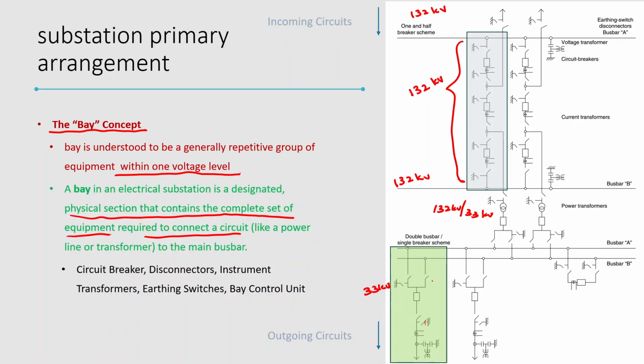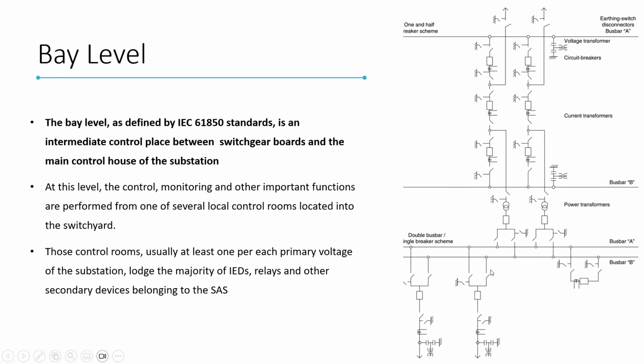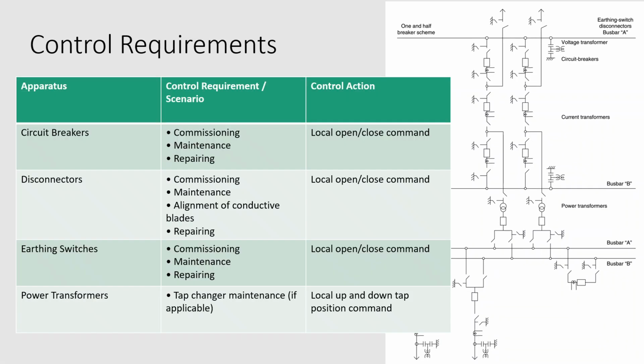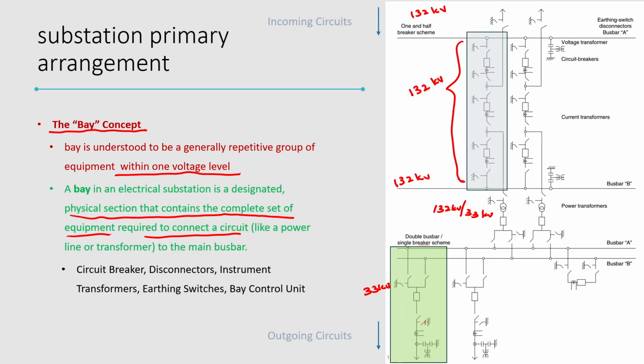So they are all at a single voltage, and this is also a bay, the bay of a transformer. So you can see the substation can have many bays, and depending on the configuration, you can identify many different bays.